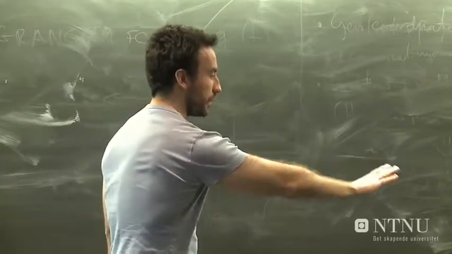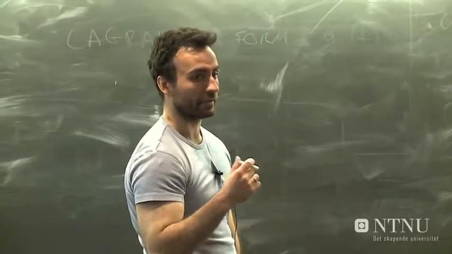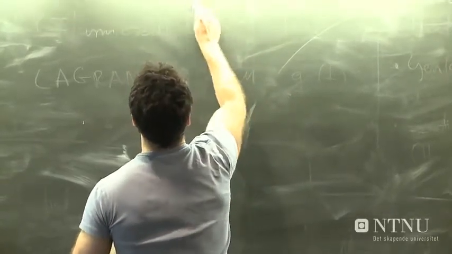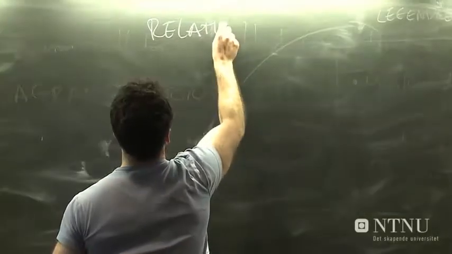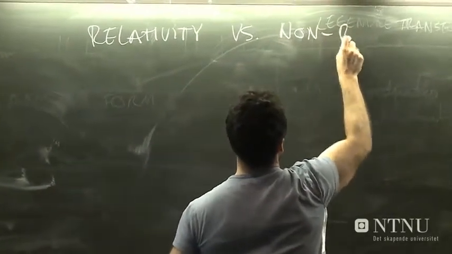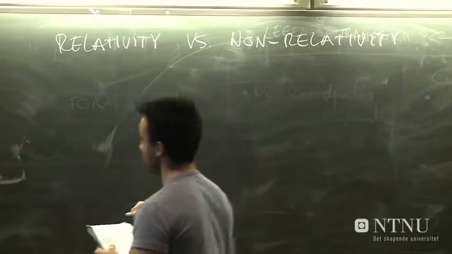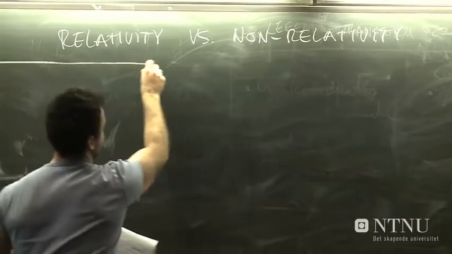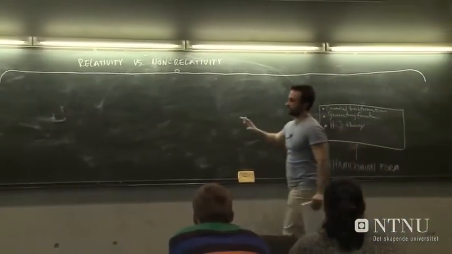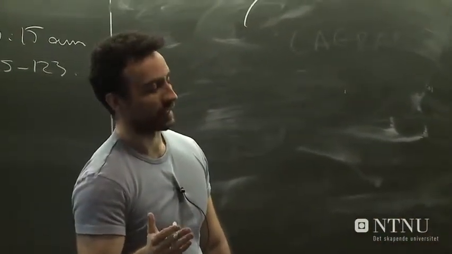Now, all of the diagram below here that we drew initially can be considered either relativistically or non-relativistically. So you can basically think of that as sort of an overarching classification.